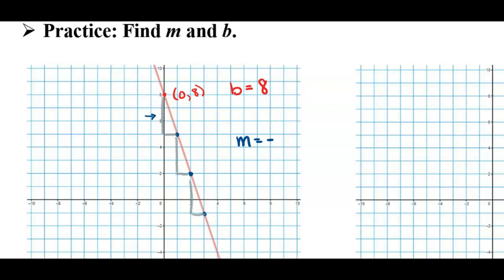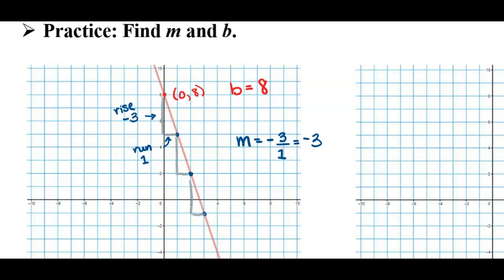So rise, 3. Run, 1. One of those is going to be negative in order to make this happen. I usually like to just call the rise negative. So this is going to be -3 over 1, and that simplifies to just -3.